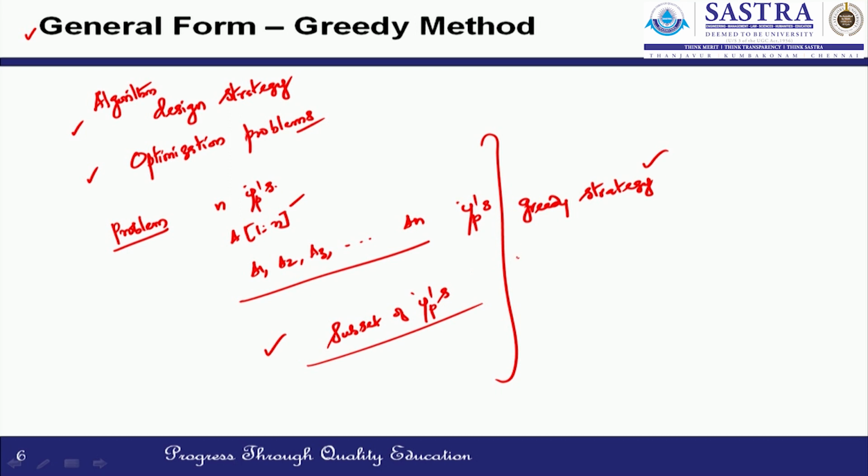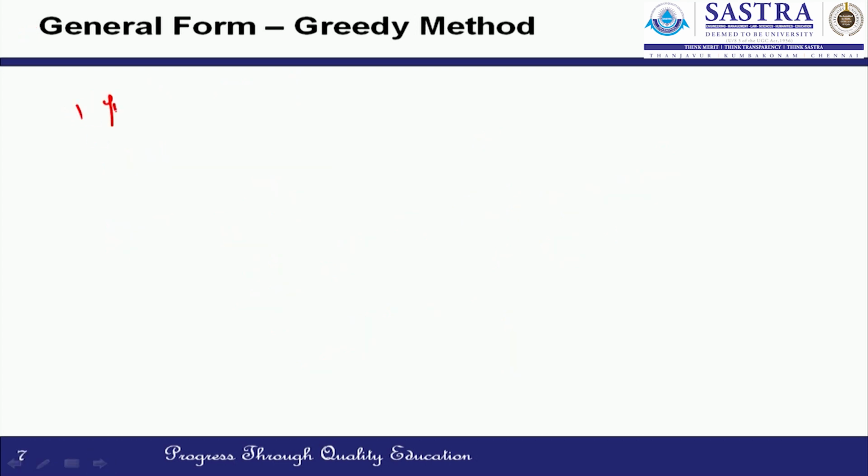Greedy works in terms of stages. That means since we have n inputs, we need to consider one input at a time. We need to check if that input results in a feasible solution. If the input results in a feasible solution, then that input is added into the solution vector.